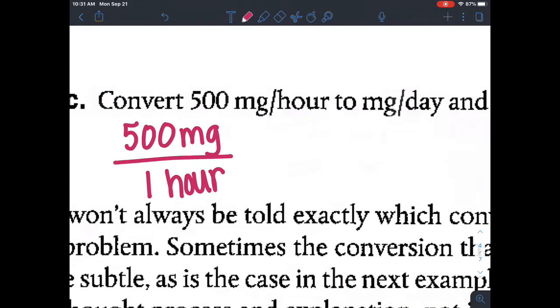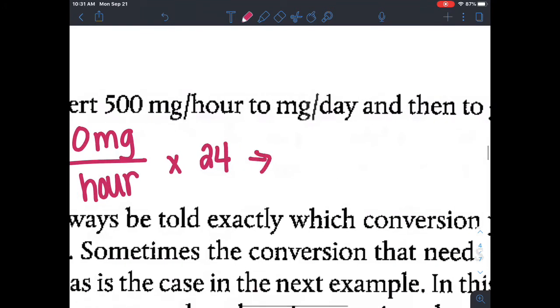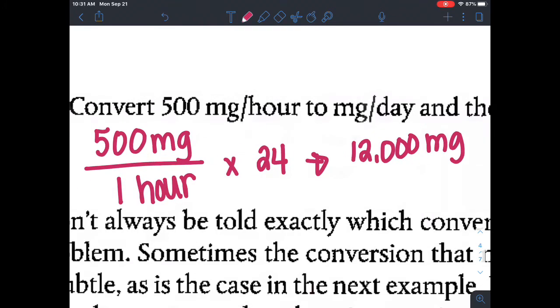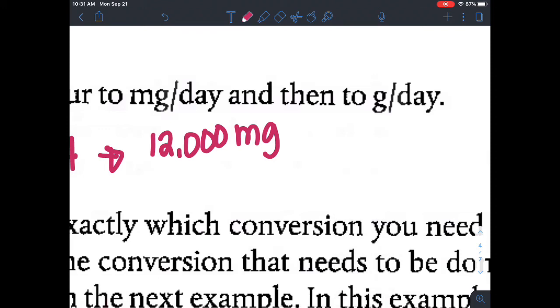And there are 24 hours in a day. So we're going to times by 24. And we get 12,000 milligrams. 500 times 24 is 12,000. 12,000 milligrams per 1 day.